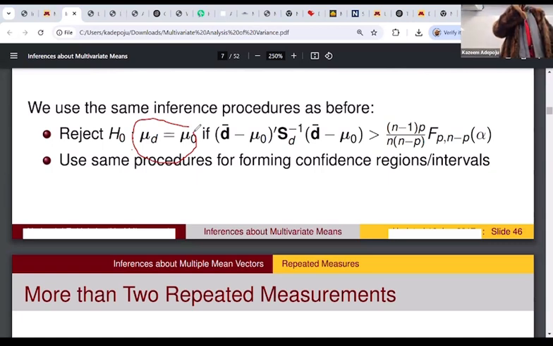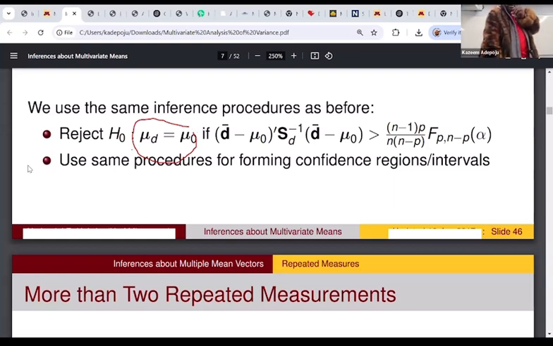It's the population mean vector of the difference. The only condition under which we wish to reject is when the T squared is greater than that value. Here you are actually testing a hypothesis. What I'm trying to tell you is that this is a multivariate version of a paired t test.